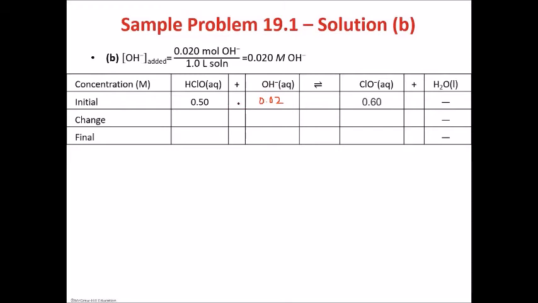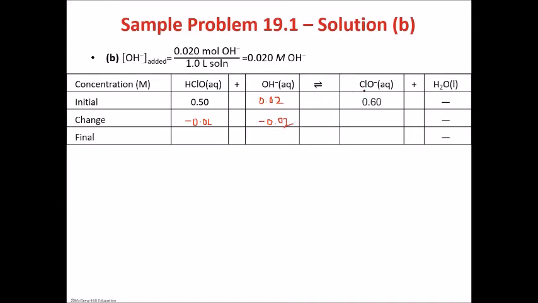So an equal concentration of HClO reacts with the hydroxide ion, which is negative 0.02, because the hydroxide ion is the limiting reactant. This is the neutralization.